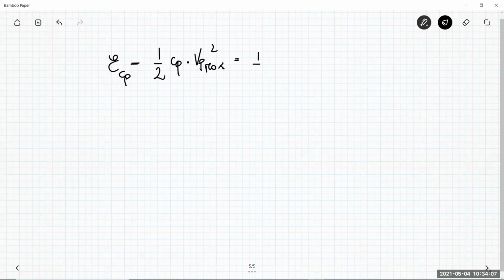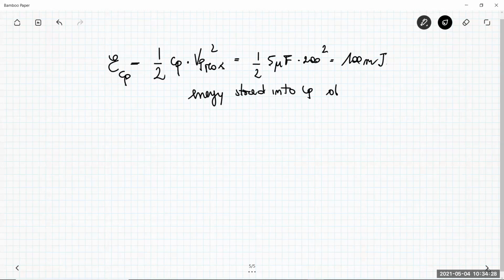So it is 1/2 times 5 microfarad multiplied by 200 volts squared, 100 millijoules. This is the energy stored in Cp at the beginning of the discharging phase.